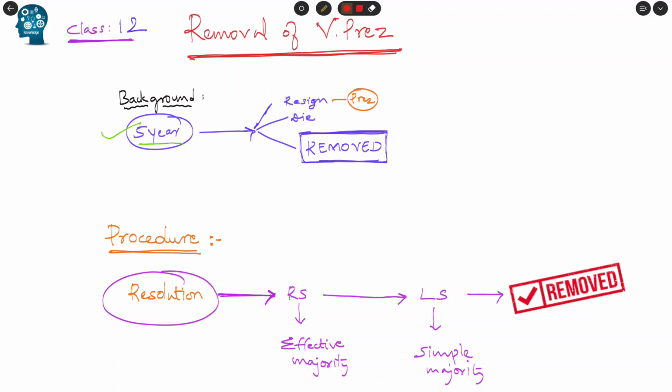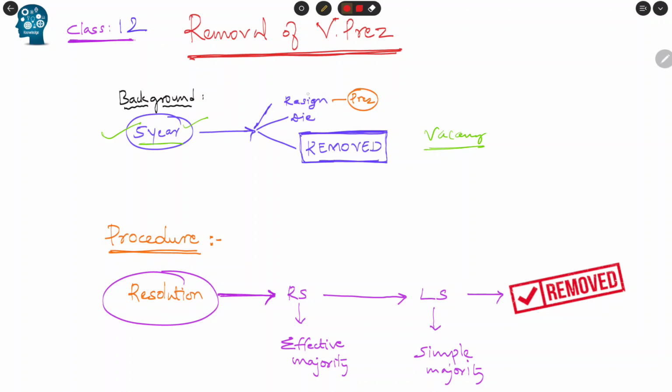He can also be removed before the completion of 5 years, which creates a vacancy in the vice presidential office. What are the situations that lead to a vacancy in the vice presidential office?